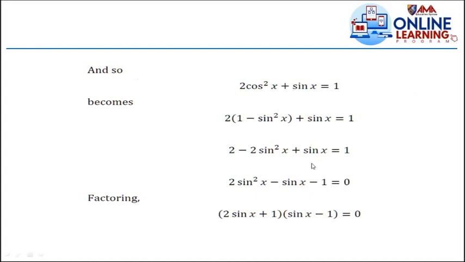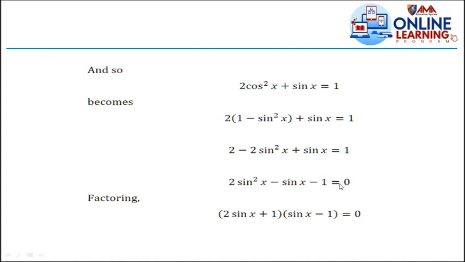What we did here is multiply by negative 1. The negative times negative gives positive, the negative 2 becomes positive 2, and we move the 1 over so that we have minus 1, then the sine x. So 2 sine squared x minus sine x minus 1 is equal to 0.